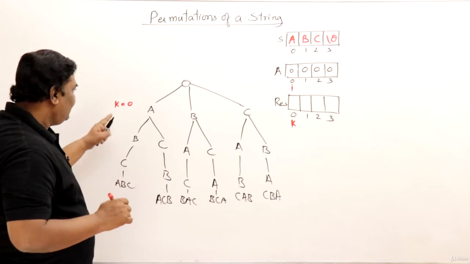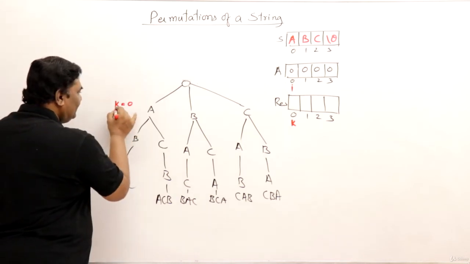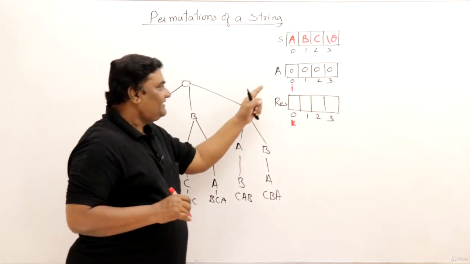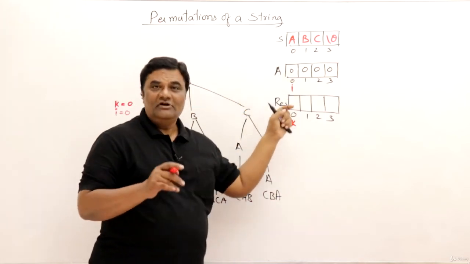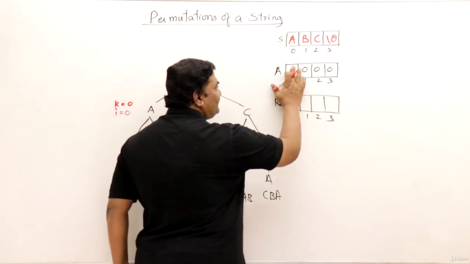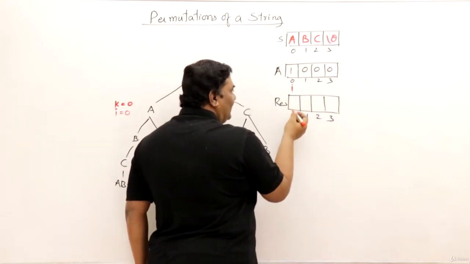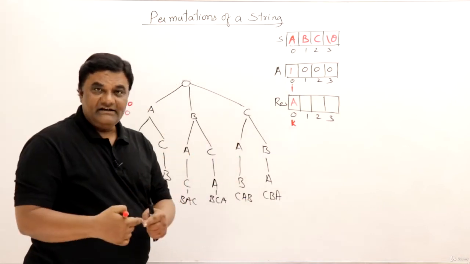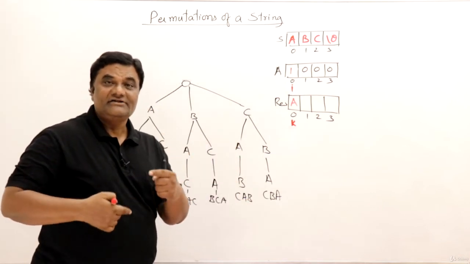So in the first call, K is 0, and here I is 0 right now. In the first call we will check whether this A of I is 0 or not. Yes, it is 0. So we'll make this 1, write A here, and call itself again recursively.